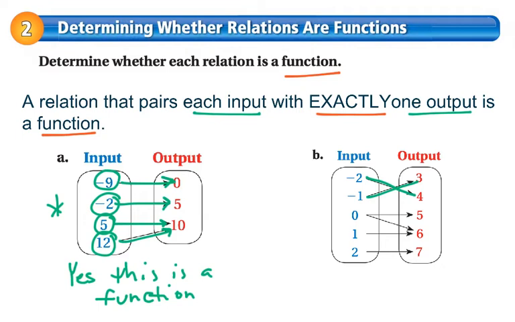But right here at 0, we found that the input 0 matches with both +5 and +6. That is a big no-no in the world of functions. Okay? So if you have an input, basically with arrows going to more than one output, this is not a function.